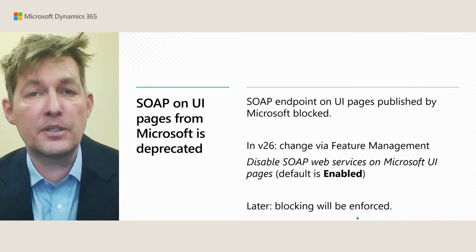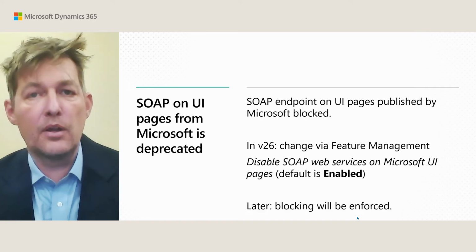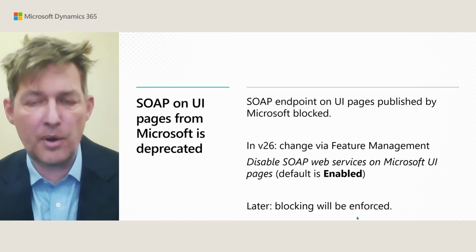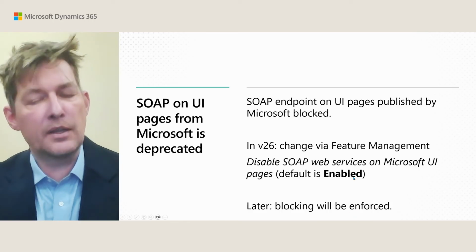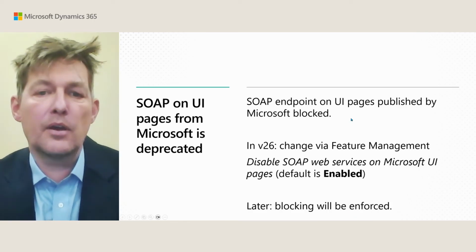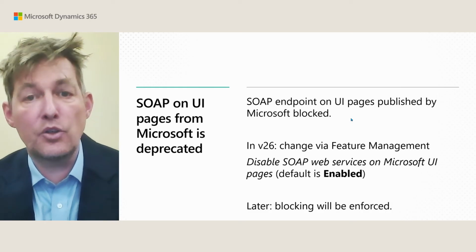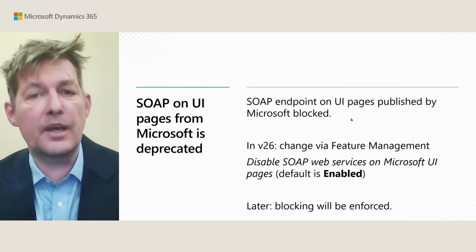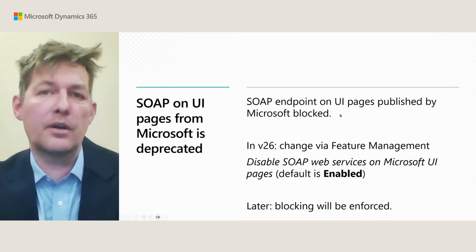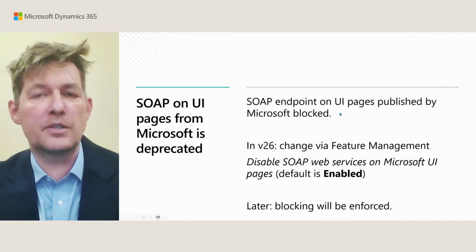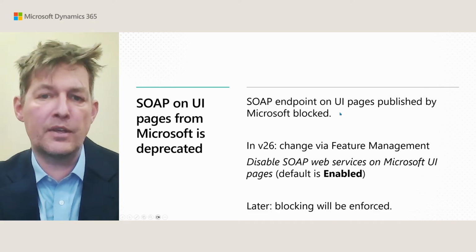The second feature is Microsoft starting to lock down the use of UI pages for web services, starting with SOAP endpoints. So in this wave, we will block UI pages published by Microsoft as SOAP endpoints. If you need this feature, we have a couple of hundred tenants or customers who have this enabled.